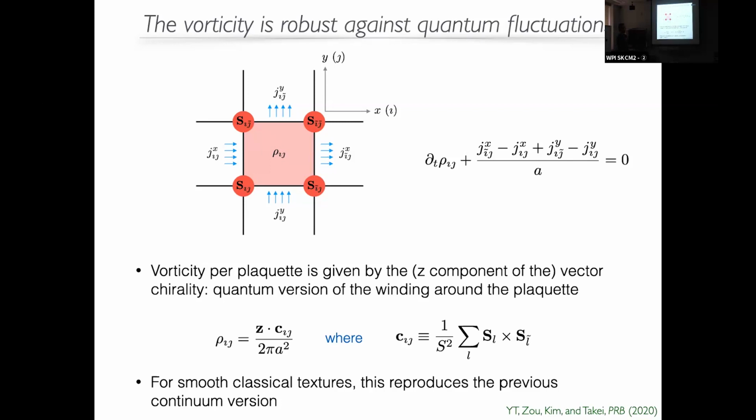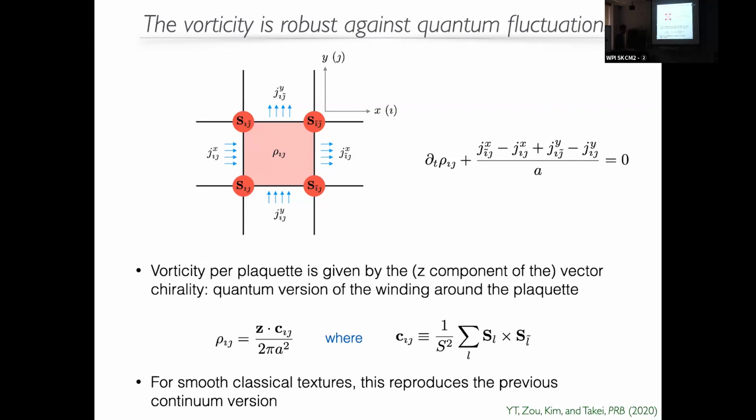And I'm not writing out the definitions of these fluxes, but you could define them quantum mechanically, microscopically, in terms of the Heisenberg equation of motion. For any general Hamiltonian, the J's are defined as some expression that involves commutators of the spins with whatever your Hamiltonian is. Again, it's a topological relationship.